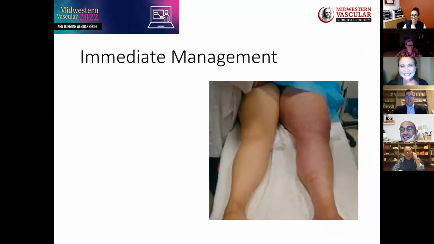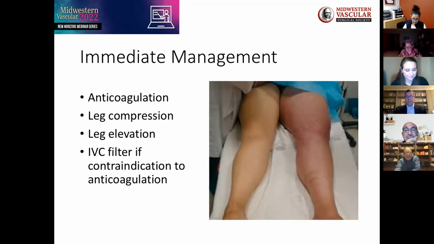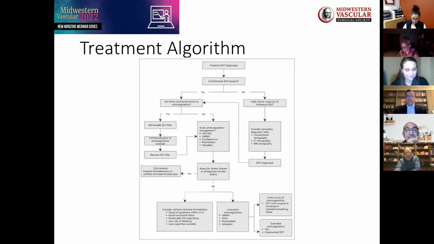But as Andrea said, immediate management of patients with iliofemoral DVT, which I won't spend a lot of time on, consists of anticoagulation, leg compression, elevation, and then obviously if the patient has a contraindication to anticoagulation, IVC filter placement. The treatment algorithm I have here was from a review paper published in 2015, very similar to the algorithm Andrea presented.